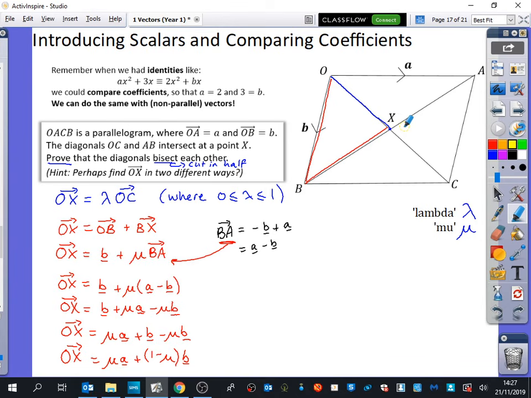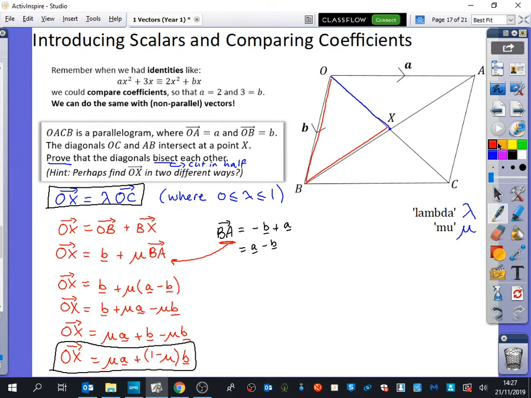So what we do is we come up with the journey OX in two different ways. One of the ways that we've come up with is this very, very simple one. Another way that we do this is all the way down here, which is a bit more complicated.